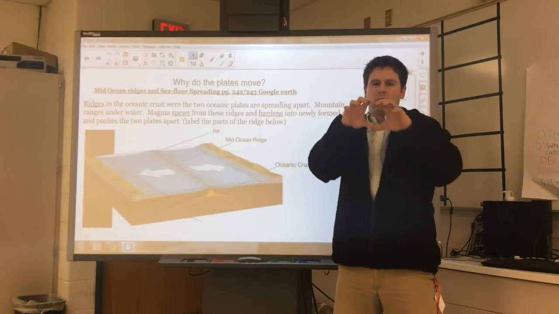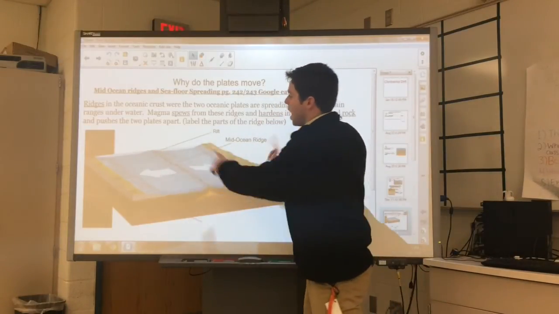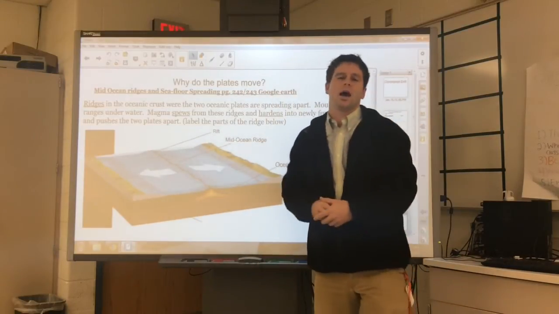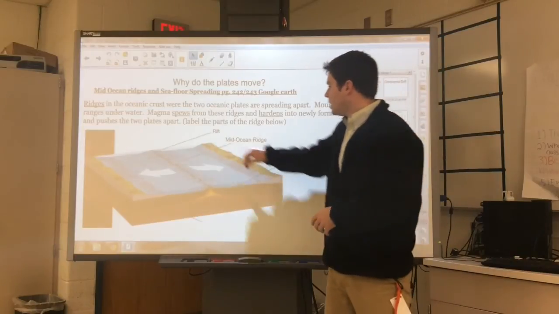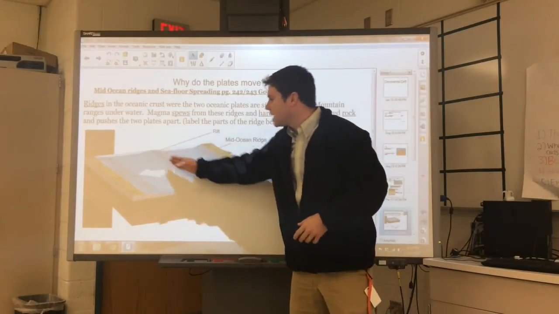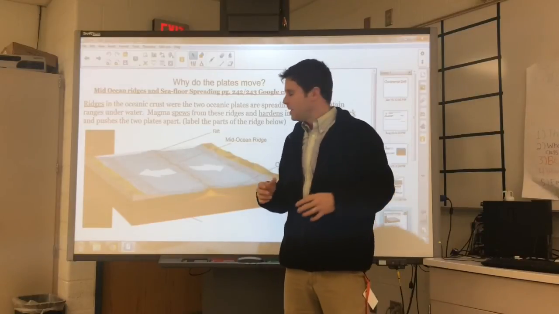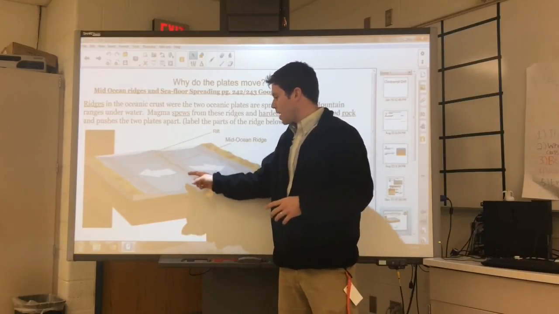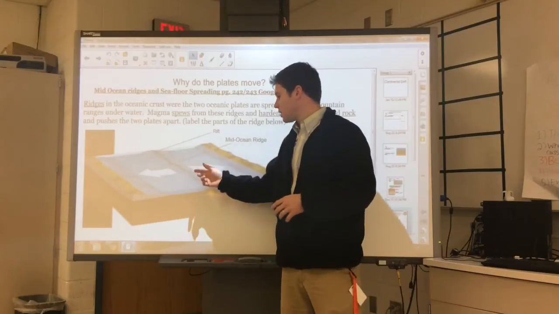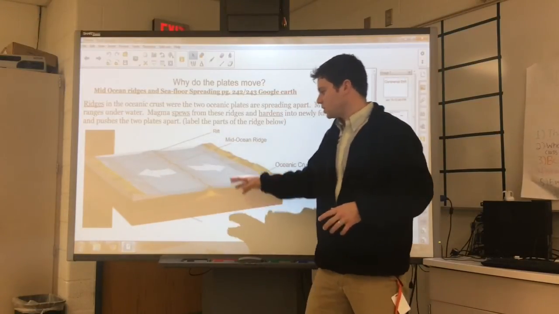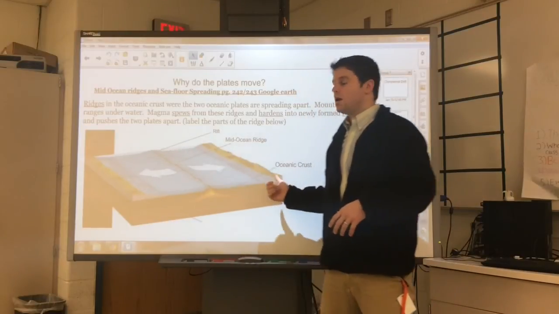So we've got ridge push right at this location, and then on the other side we have the slab pull, which is pulling it down into the mantle. Right at the top of the mountain where the magma spews out, we have what's called a rift or a rift valley. Okay? So that rift is where one plate is moving in one direction, the other plate is moving in the opposite direction.